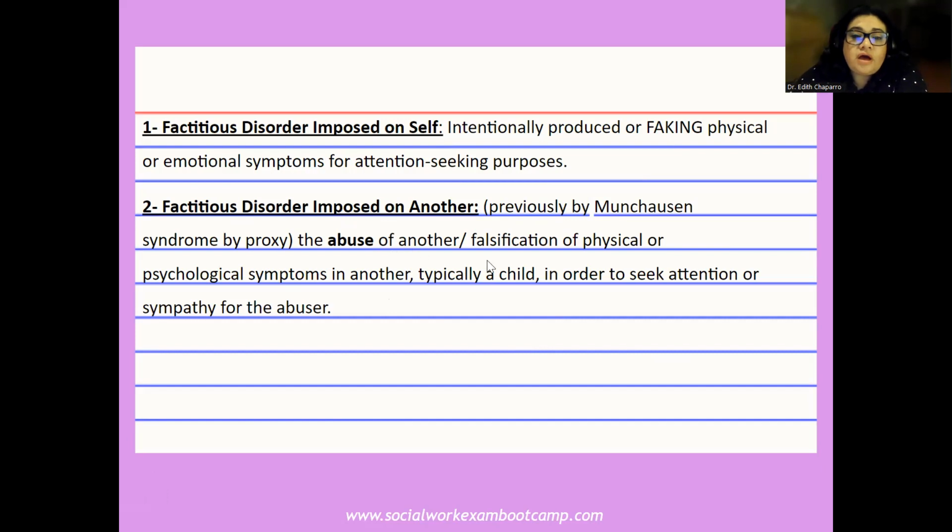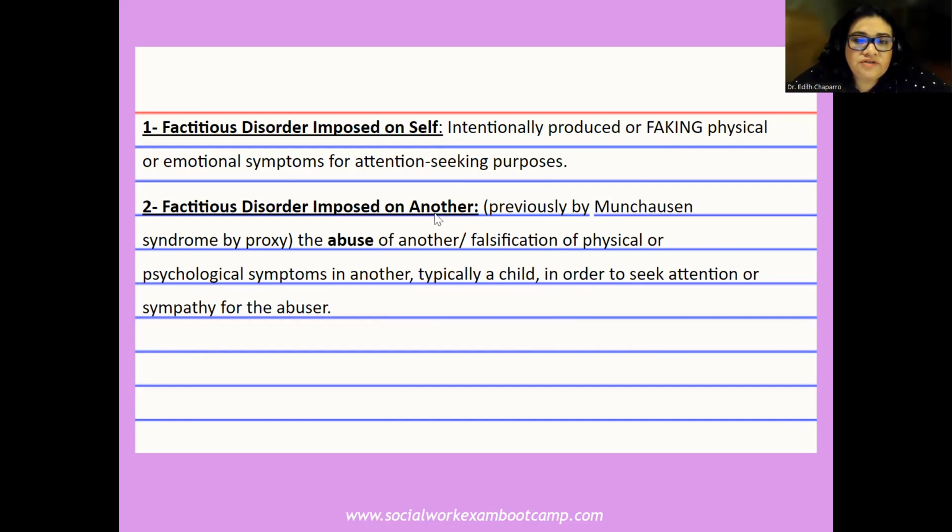The falsification of physical or psychological symptoms in another person. In other words, you are purposely lying or trying to make this other person ill, whether physical or psychological illness, usually a child, someone more vulnerable than you. And the main thing is you're doing it to seek attention.